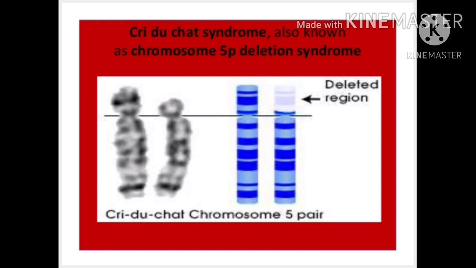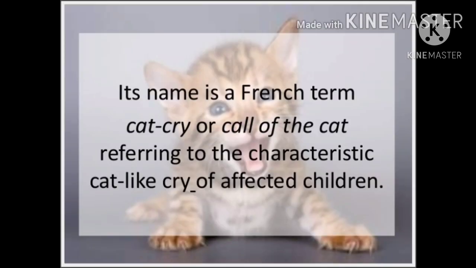Okay, you know that chromosomal aberrations are a type of chromosomal mutation due to change in the structure of the chromosome. This Cri-du-chat syndrome is a typical example of a chromosomal aberration, namely deletion. The term Cri-du-chat is a French term which means cat cry or call of the cat, referring to the characteristic cat-like cry of affected children.